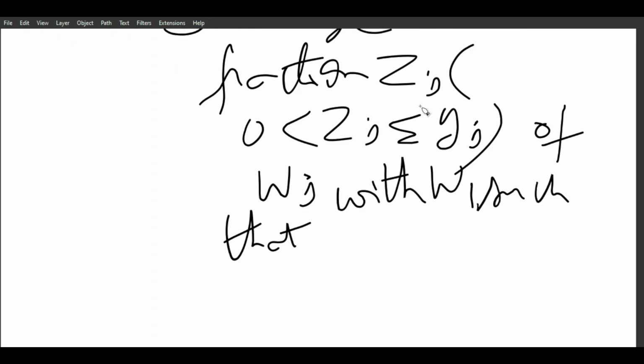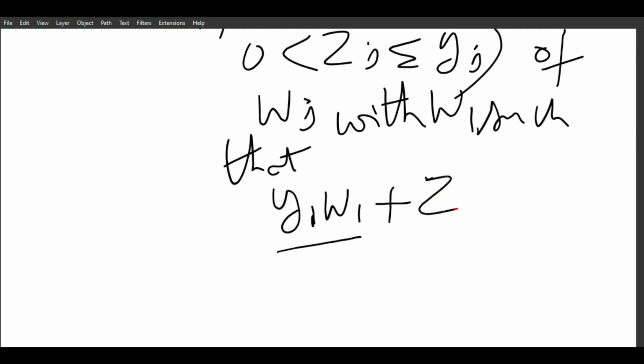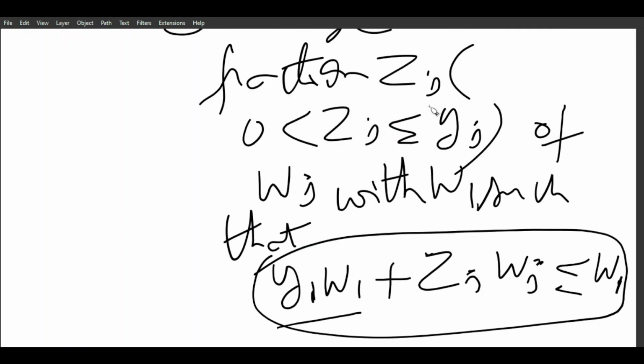So this is the idea, and the equations are: for the first item it is y1 w1, this is the existing weight, the extra weight is zj wj, and we take it such that with this constraint it has to be at most w1. So these are the inequalities. Now just compare the profits.